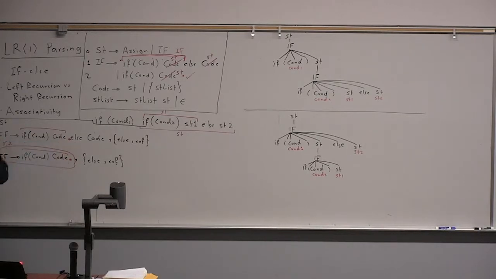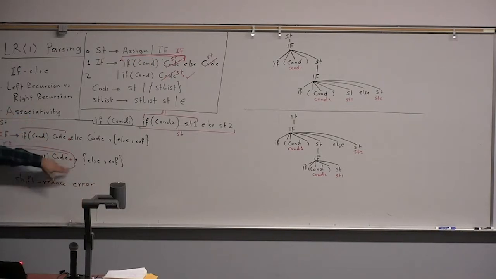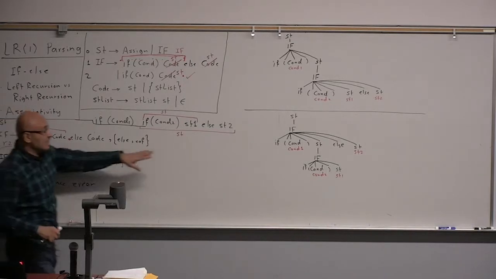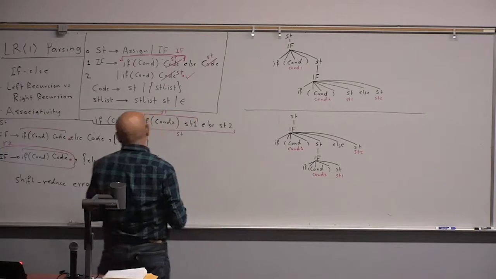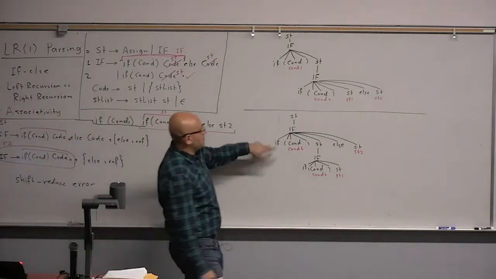So there are two possibilities, and this is just not good. It's a shift reduce error because we can shift or reduce. And in fact, if we shift, we will get one of these derivations, and if we reduce, we will get another. If you think about it, shifting will give us this or this.